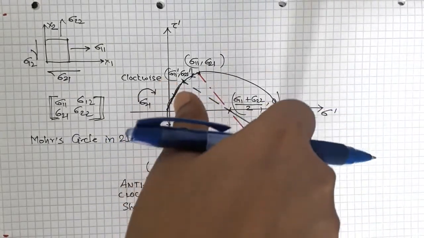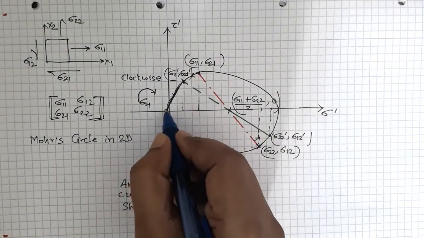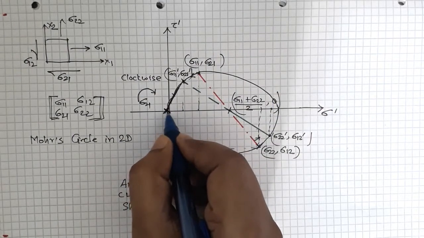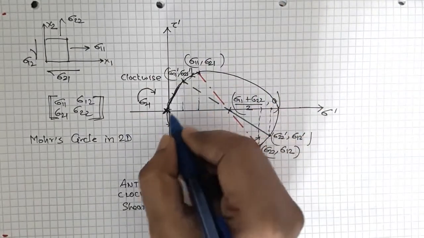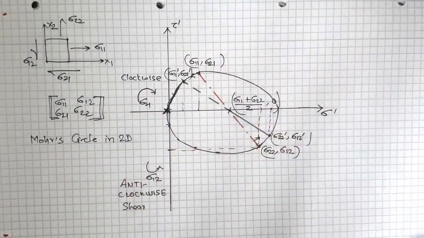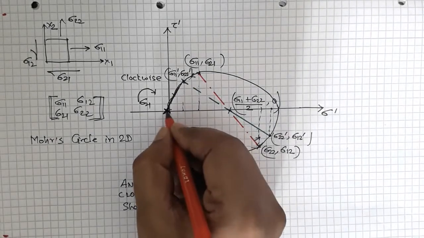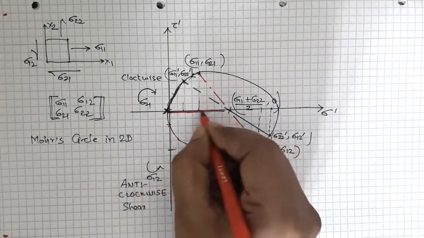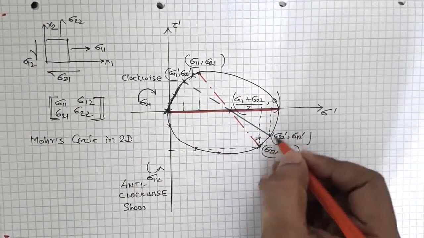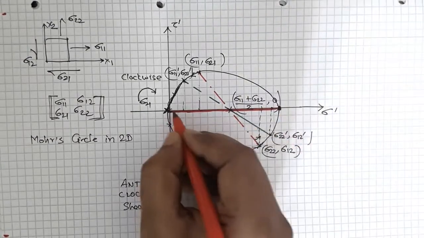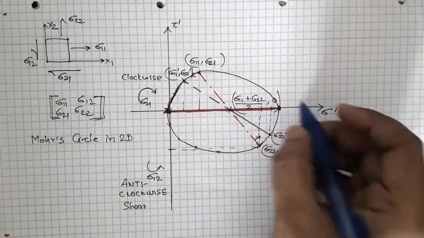Similarly, if you keep on rotating, you will reach a point here. So this is the point. When you rotate it so that it lies on this axis, then this point has reached here and here, and at these 2 points you don't have shear stress.